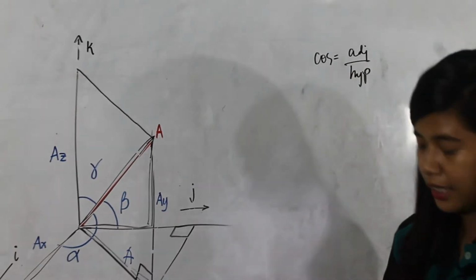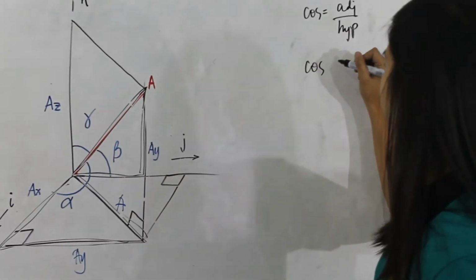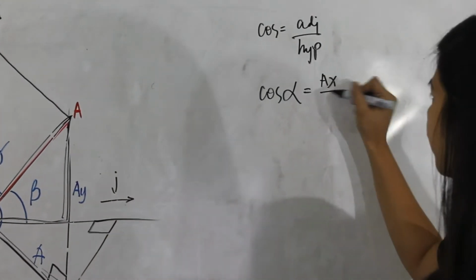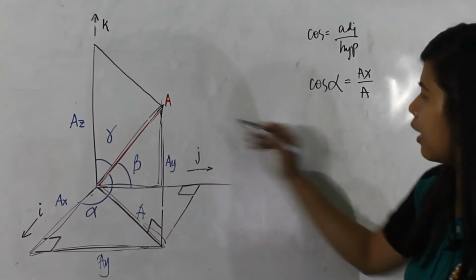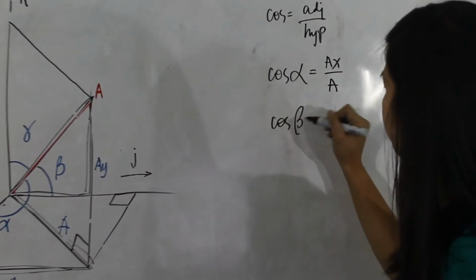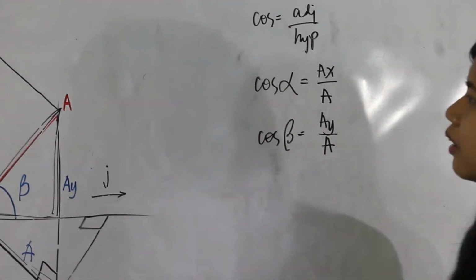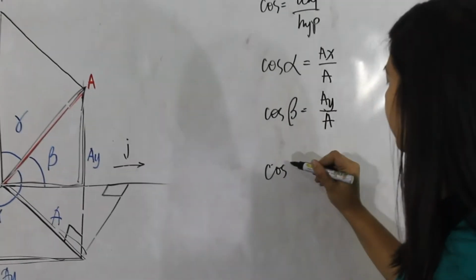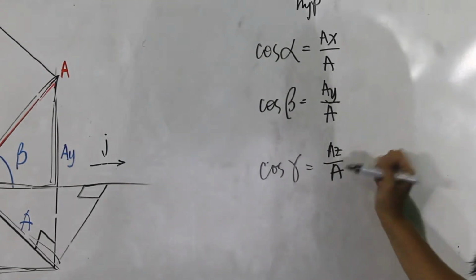For our angle alpha, we have A sub x over vector A. For the angle beta, we have A sub y over vector A. And for our last triangle, cosine gamma is equal to A sub z over vector A.